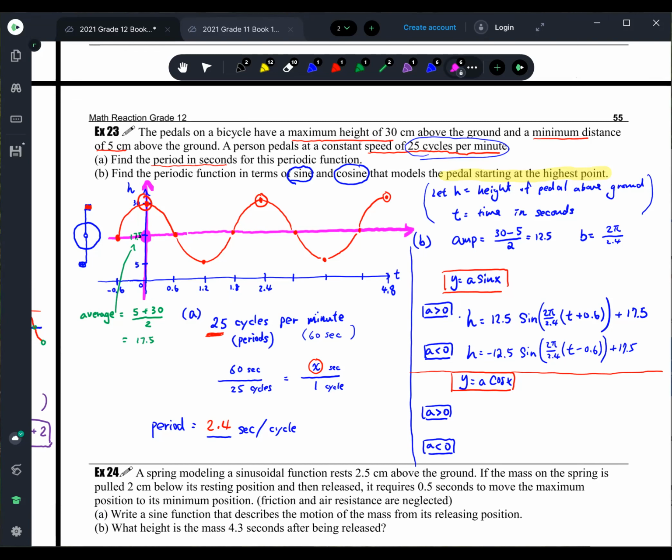So Marcus, can you give it a try? What's the equation then for cosine? Can you tell us the origin then? What's the coordinate?